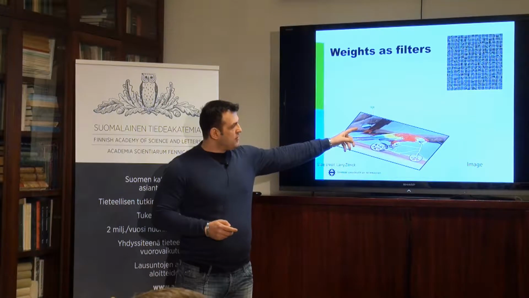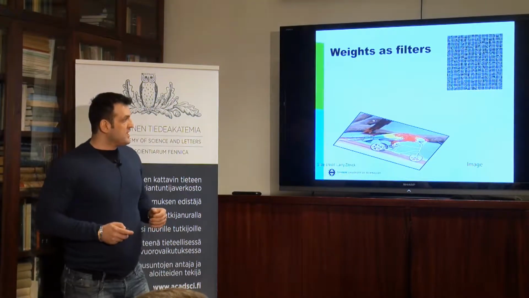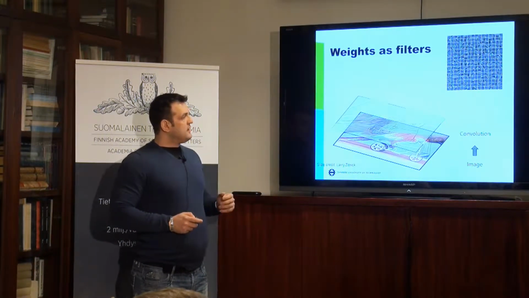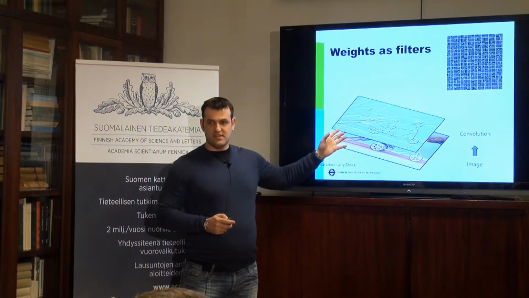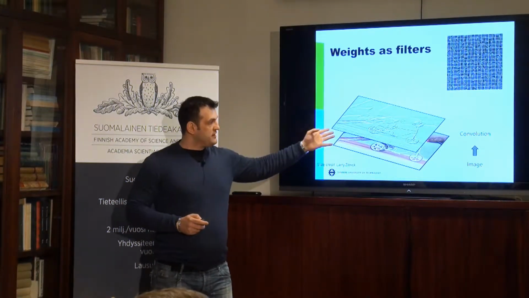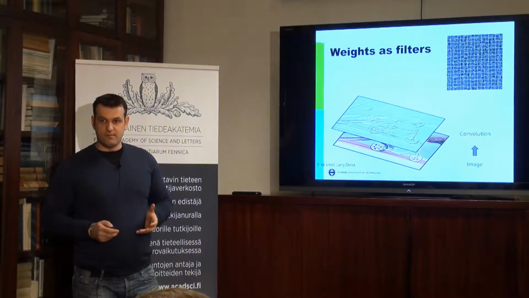We do it for all the pixels in the image, and we come up with a convolution image, which can have the form of this image. As we can see here, this particular filter can preserve the texture of the image.